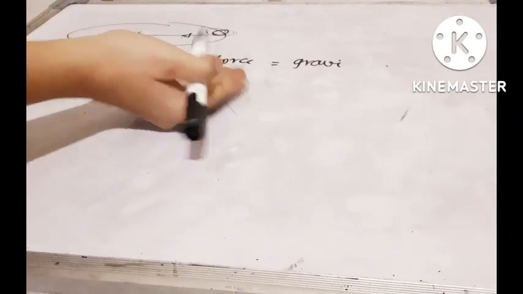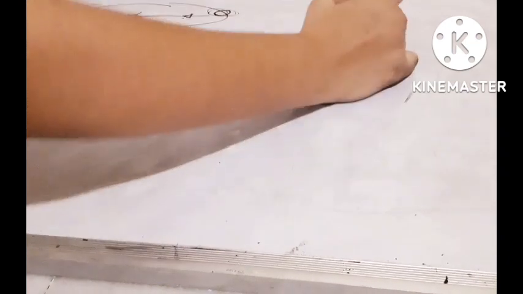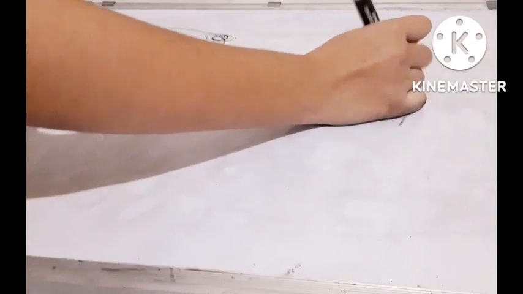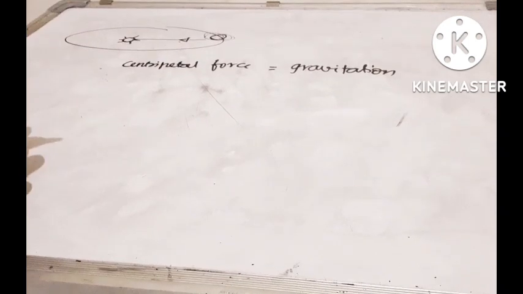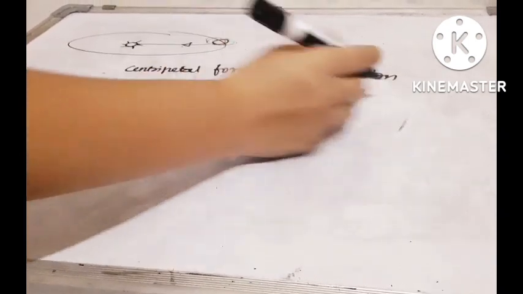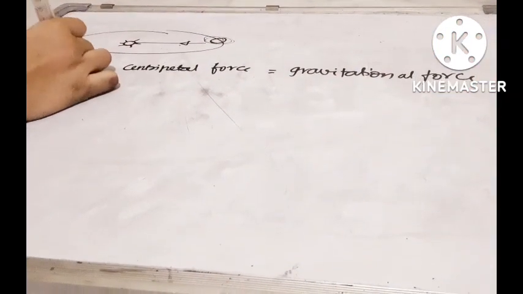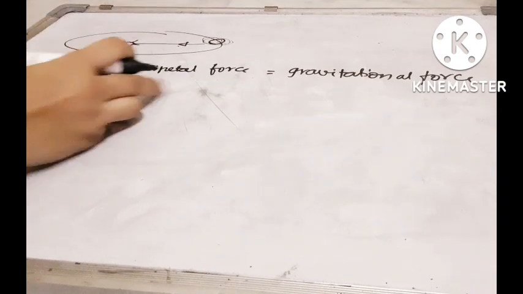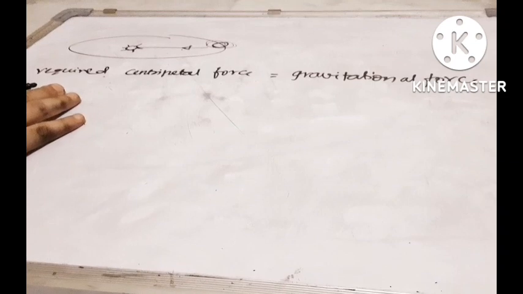So this centripetal force is nothing but the gravitational force between the planets, or between the spherical bodies, that is the sun and the earth over here. So centripetal force is equal to gravitational force. Required centripetal force is equal to the gravitational force between the planetary bodies.